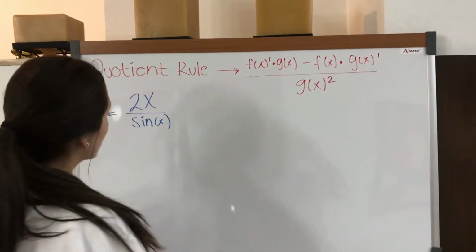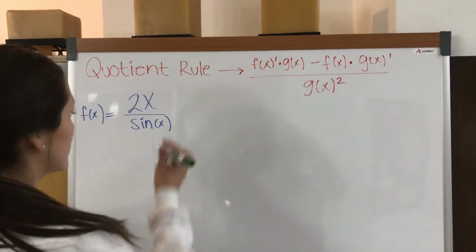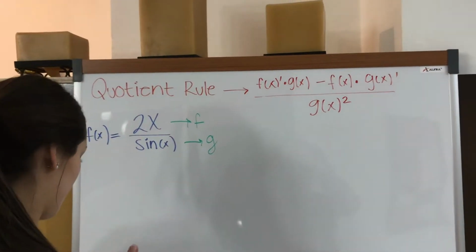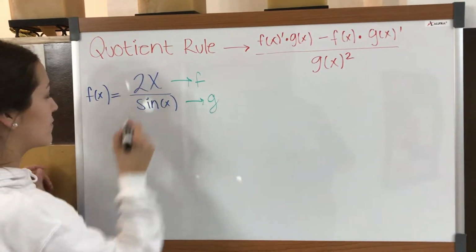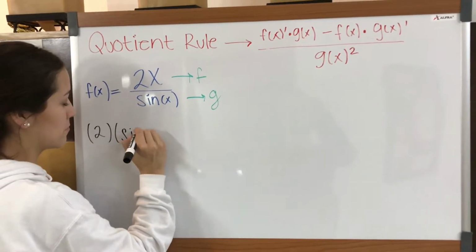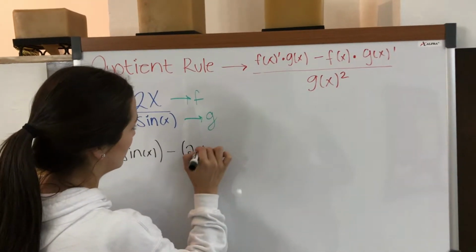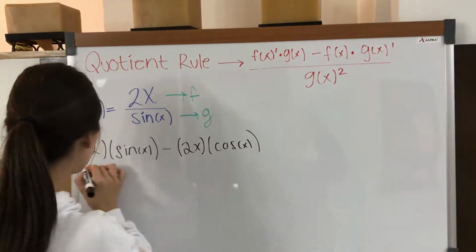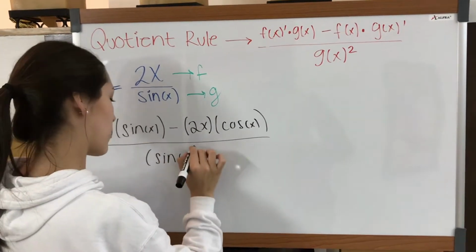I'm going to solve the second example of quotient rule. As I already said, this is our f and this is g. So, derivative of the first one is 2 times g minus f times the derivative of g divided by g squared.